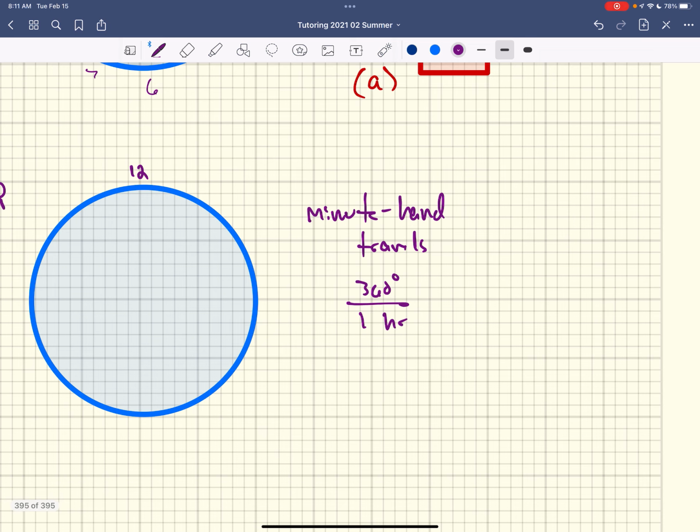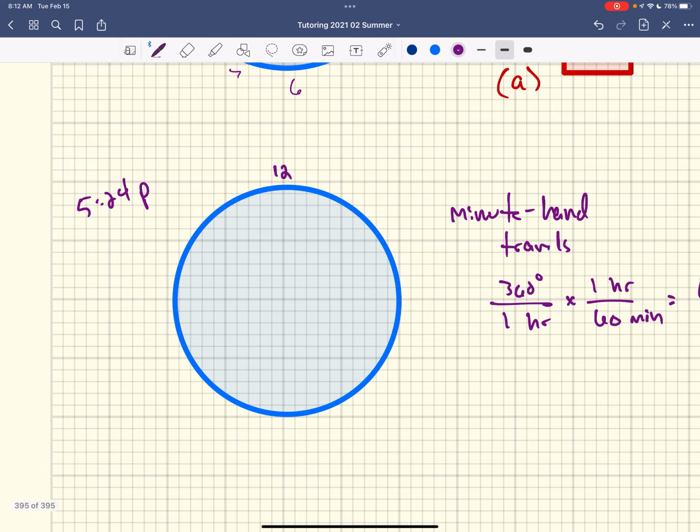So we need to convert this into a number of degrees per minute instead. And so we're going to use basically a conversion factor. And we're going to see that the minute hand travels 6 degrees per minute. And so to get to 5:24, we will have gone 24 times 6 degrees equals 144.